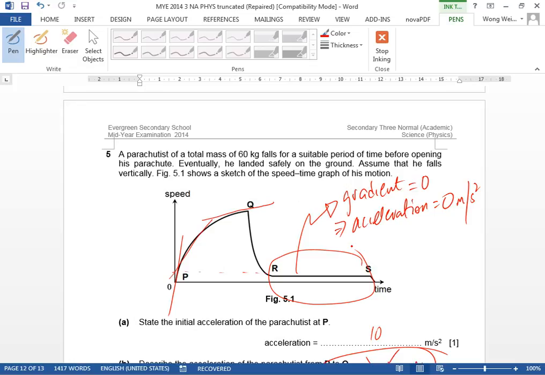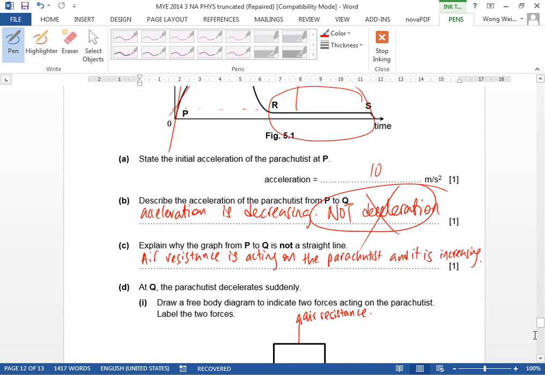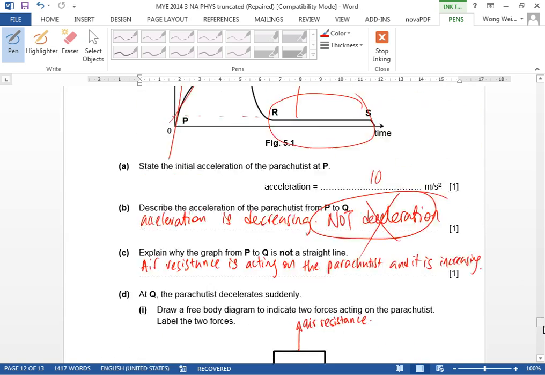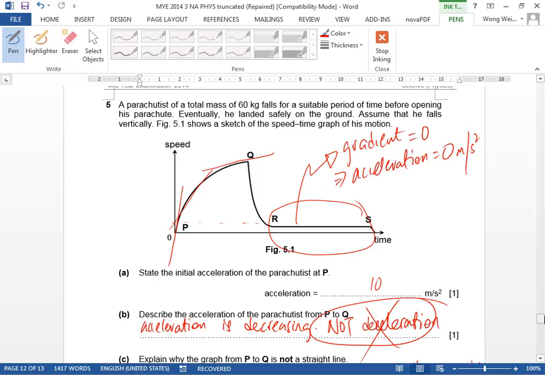What does that tell us about the resultant force? If it is traveling at a constant speed, 0. Why is it 0? Okay, acceleration is 0. Specifically, our resultant acceleration is 0.